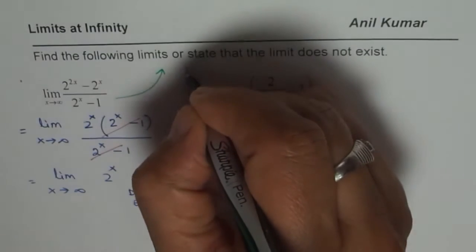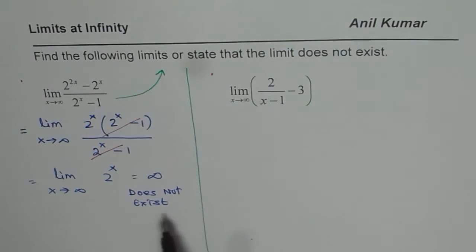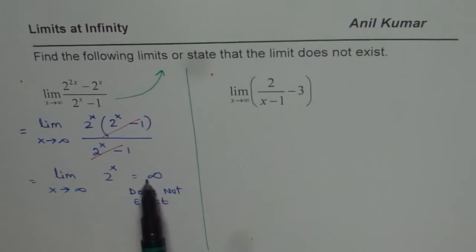But I want to make it clear, since at times students get confused whether the answer should be written as the infinity symbol or does not exist. Writing infinity also means it is approaching infinity, but that is more explicit, so we know exactly why it does not exist. That is preferred at times. But since infinity is not a defined value, we say that the limit does not exist. I hope now it is clear.